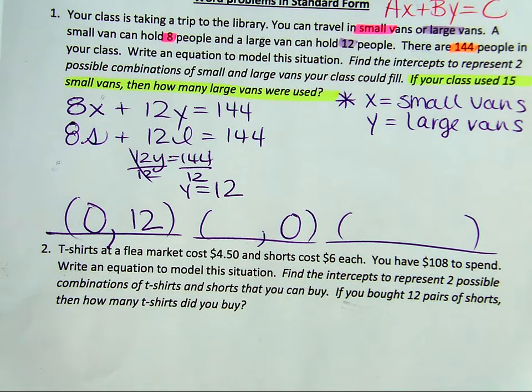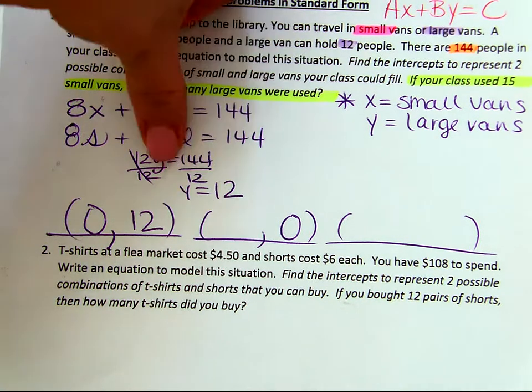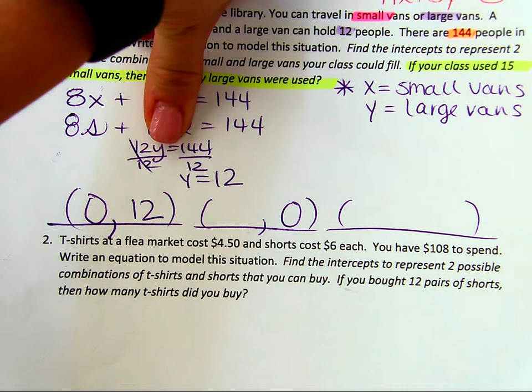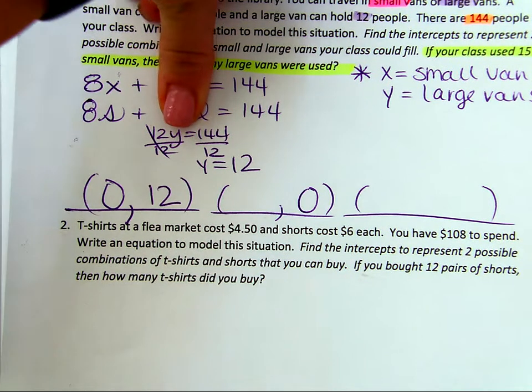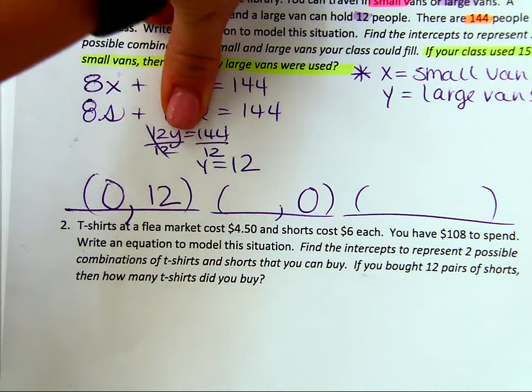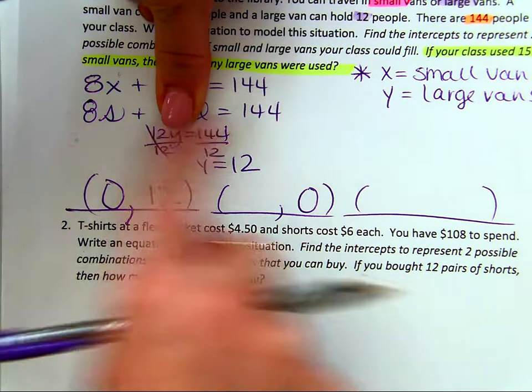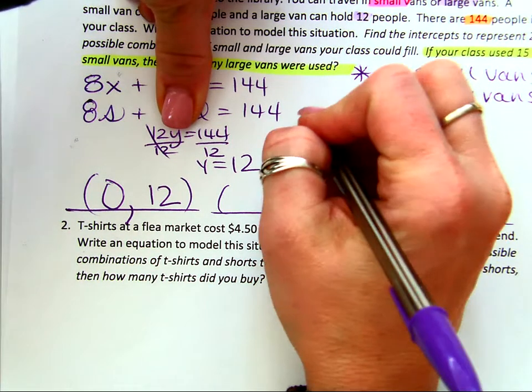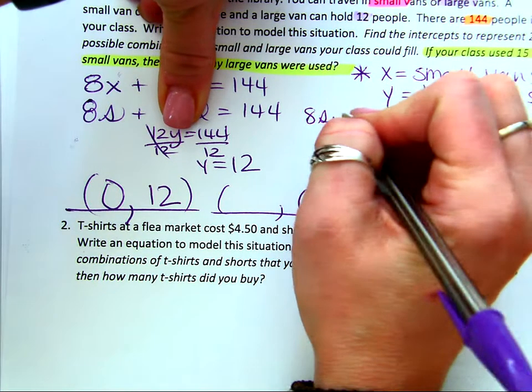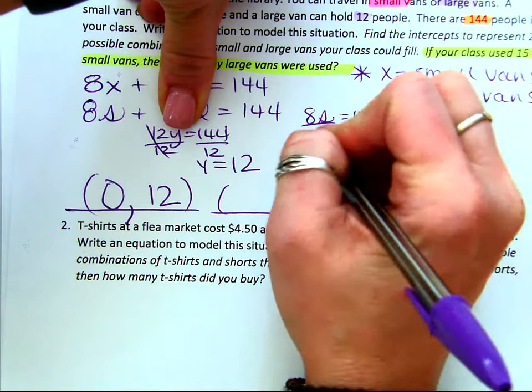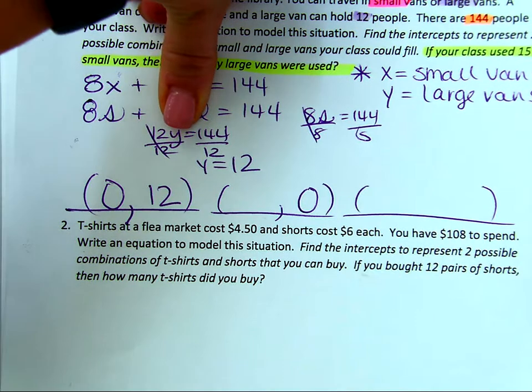You could do that in your head, right? Now let's go with the vice versa: she doesn't want any large vans. She wants all small. So this time I'm going to make the L, or the y, equal to 0. What equation do you see? 8x equals 144. When I divide both sides by 8, I get 18.